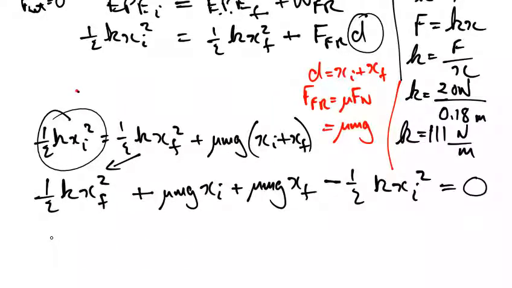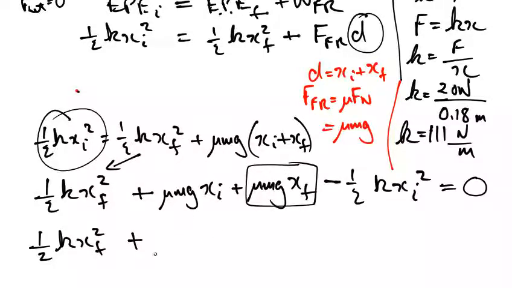Okay, what are the terms? Well, here is the a term, 1/2 k xf squared. What about the b term? Now there is an xf here, so that's going to be plus mu mg xf.